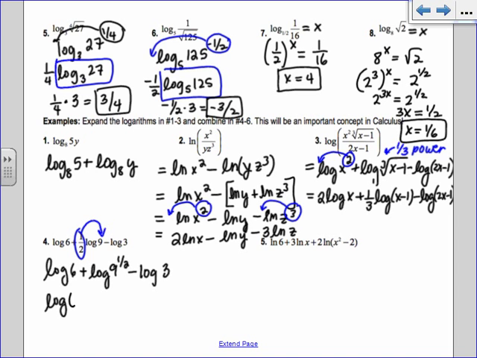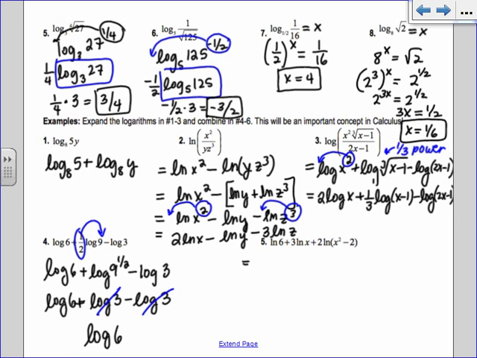What is log of 9 to the 1/2? Square root of 9, which is 3. Yeah, log of 3 and minus log of 3 actually end up canceling. All right, so you end up just getting log of 6.